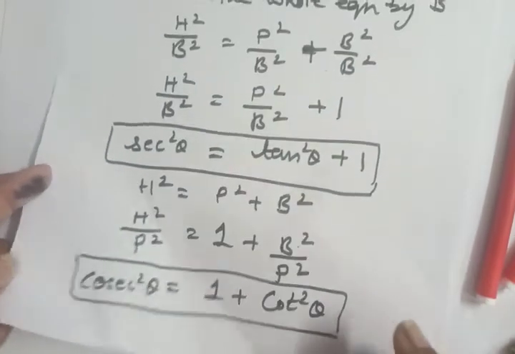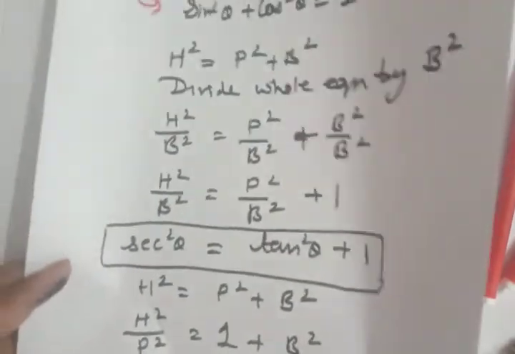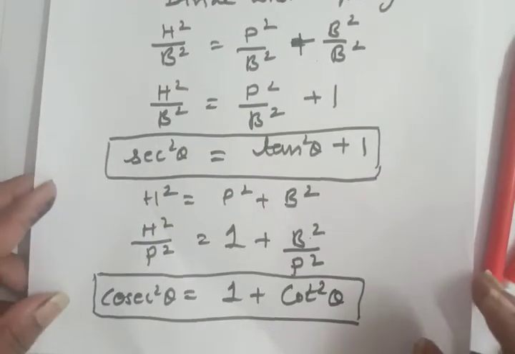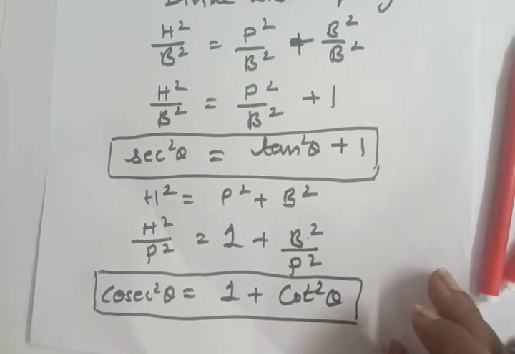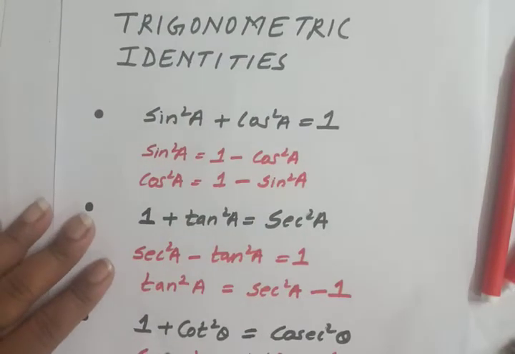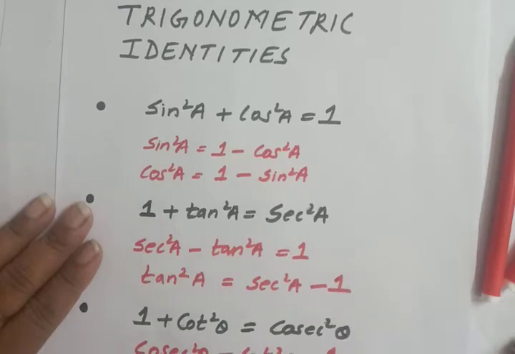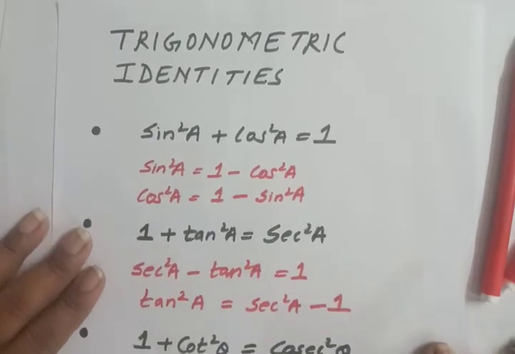Yes, so with the help of the Pythagoras theorem, we have proved all three identities. Though the proof will not come in the exam, we have proved these three important identities, and I can say that you must write them in your notebook.